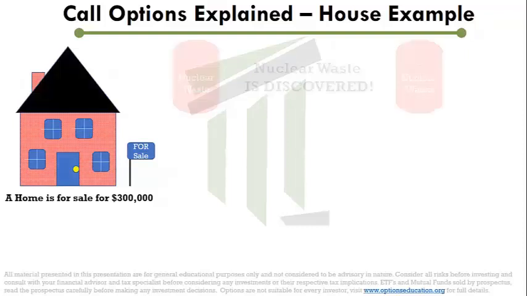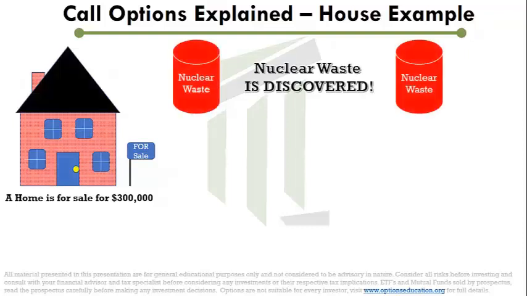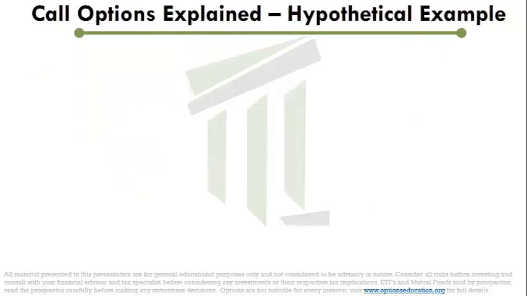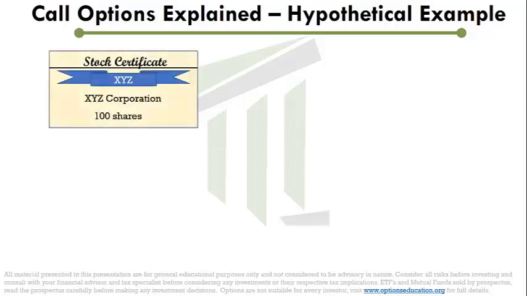What if underneath Jim's house they discovered nuclear waste? Well, that $300,000 home, it's now only worth $50,000. So Jim's contract to buy the house at $300,000 has decreased in value, but he can only lose what he paid for the option.